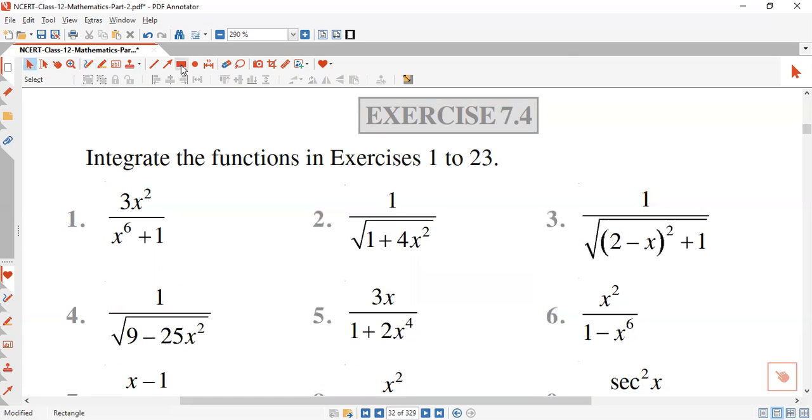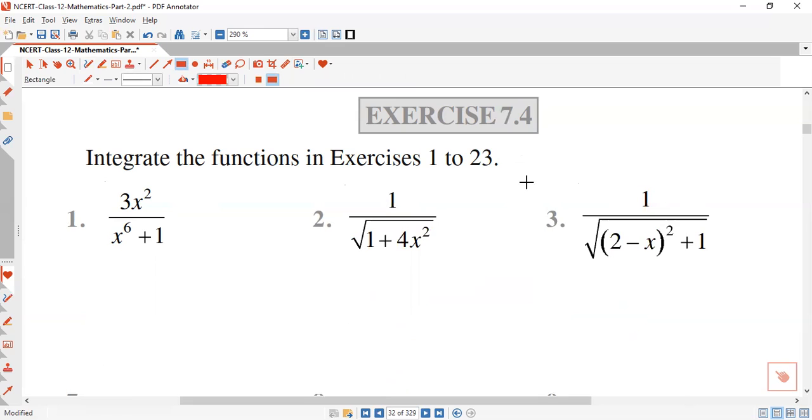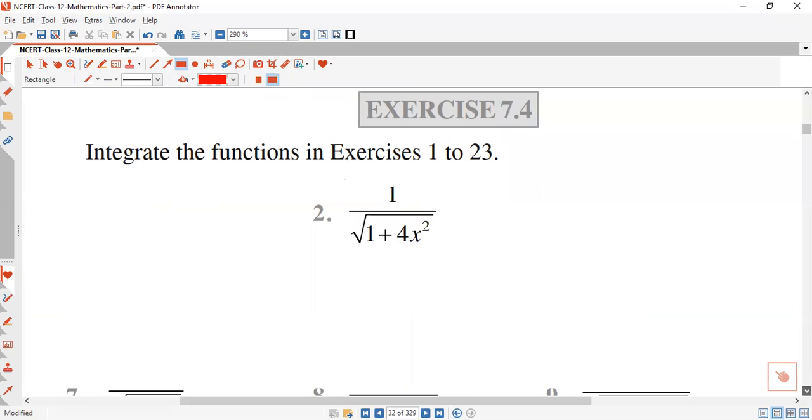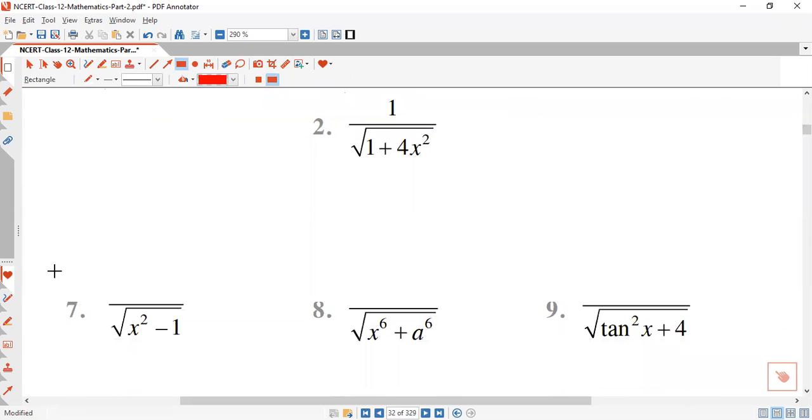Now we do question number 2. In this question number 2, we want to do the integration basically.